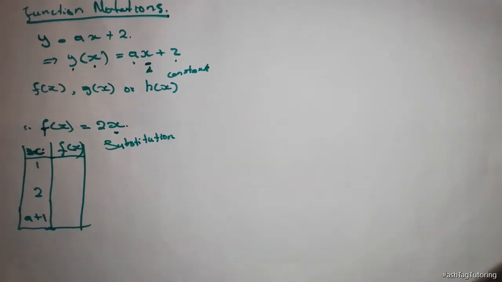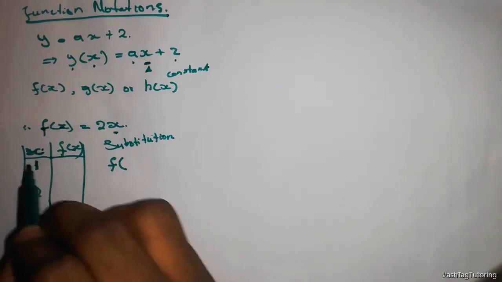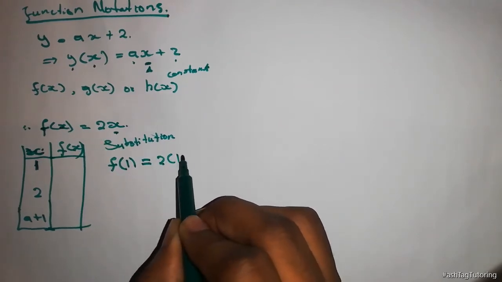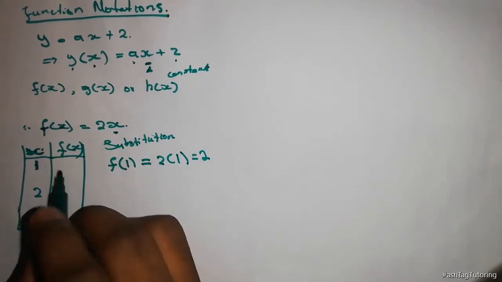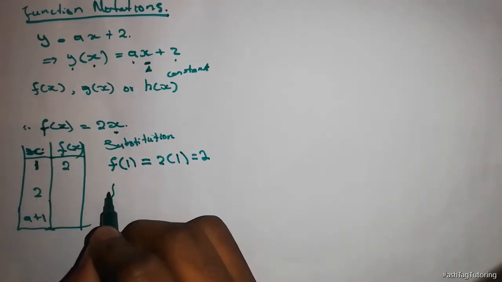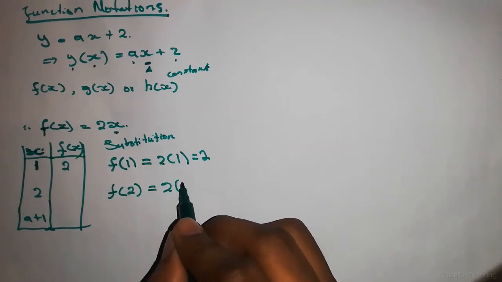The most important thing when you have a problem like this is to be able to do substitutions. For example, if x is 1, you replace x in the function with 1, and it'll give you 2.